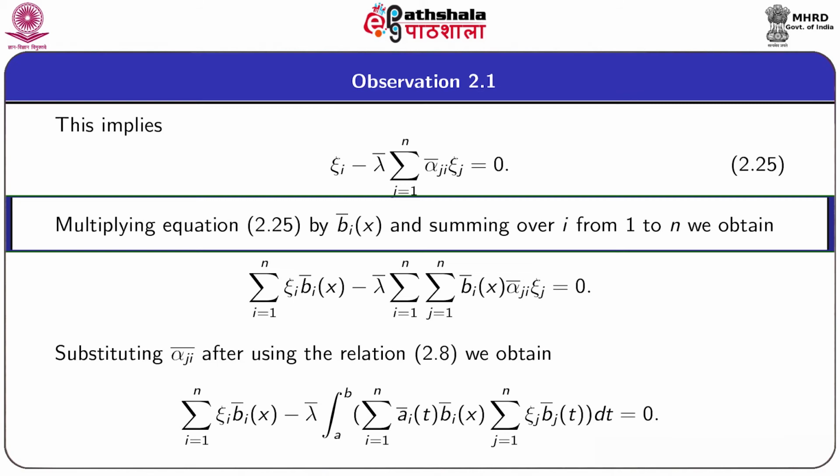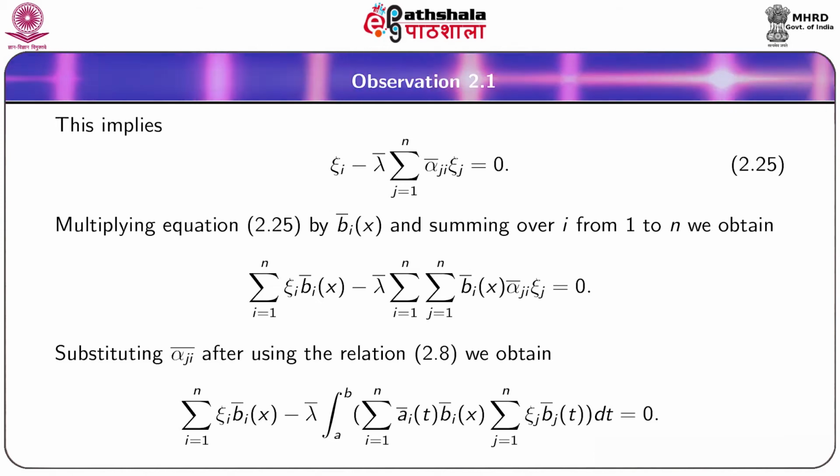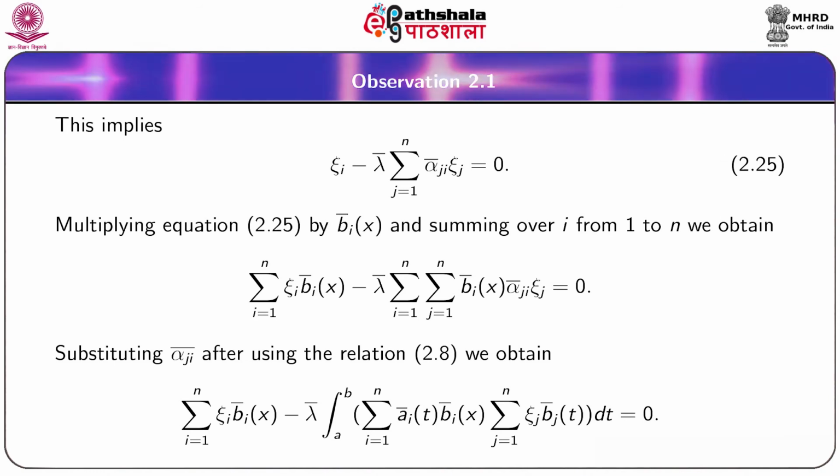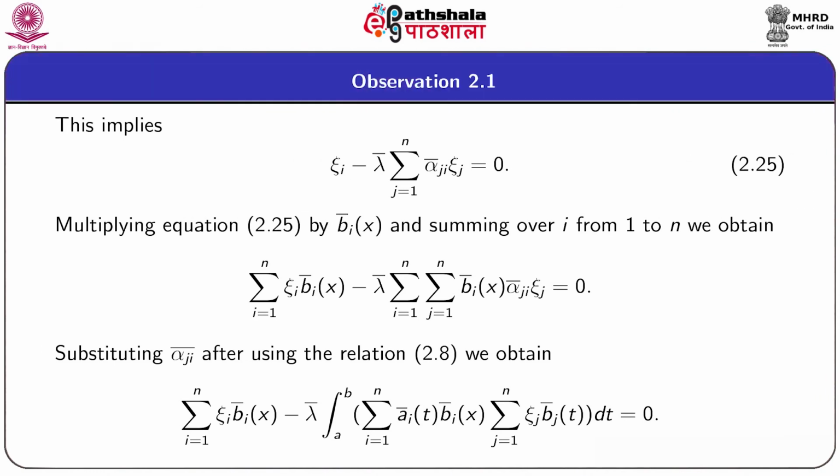Next, we multiply equation 2.25 by the function b I bar x and sum over I from 1 to n to obtain the relation given by this expression. Now, you must be remembering that alpha ij is the known function.